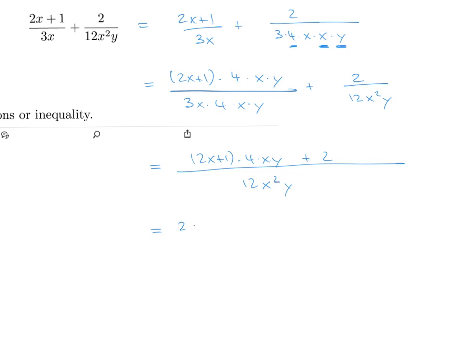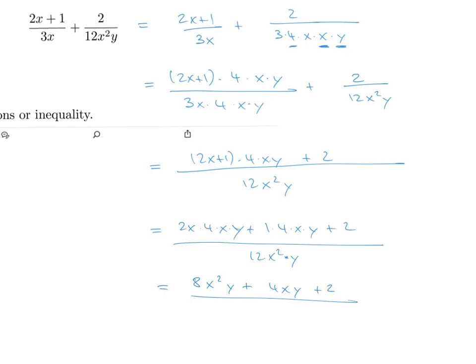So this would be 2 times x times 4 times x times y plus 1 times 4 times x times y plus 2, and then I can simplify this a little bit, times y. So this is then equal to 8x squared y plus 4xy plus 2.